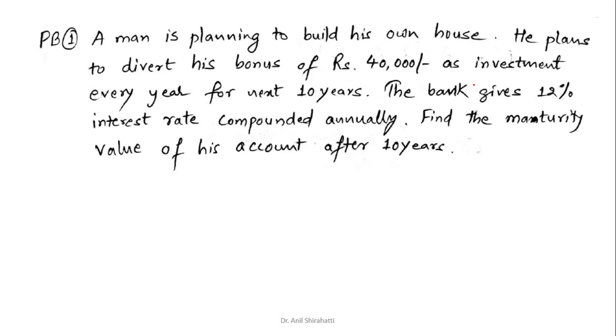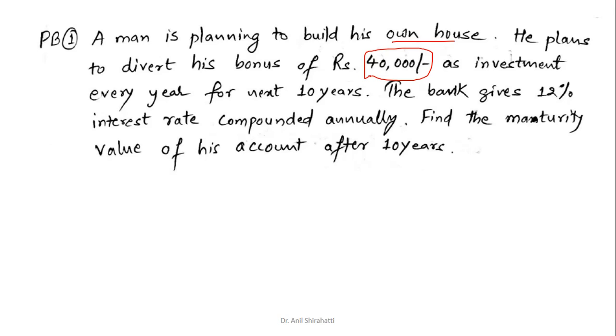So what is happening in this case? A person is planning to build his own house and he wants to divert some amount from his salary as an investment. So whatever bonus he is getting, he is investing from his side. So every year he is investing rupees 40,000.